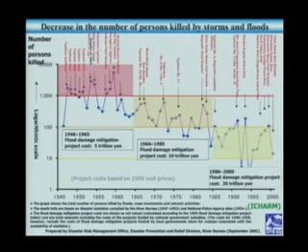Since 1945, before that, many people were killed, about thousands of people per event by typhoons and floods and so on. But our river improvement measures have been successful in reducing the number of victims in terms of flood disasters.